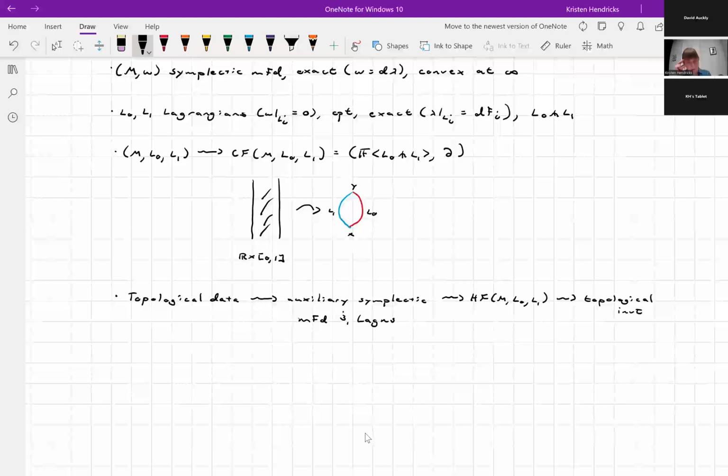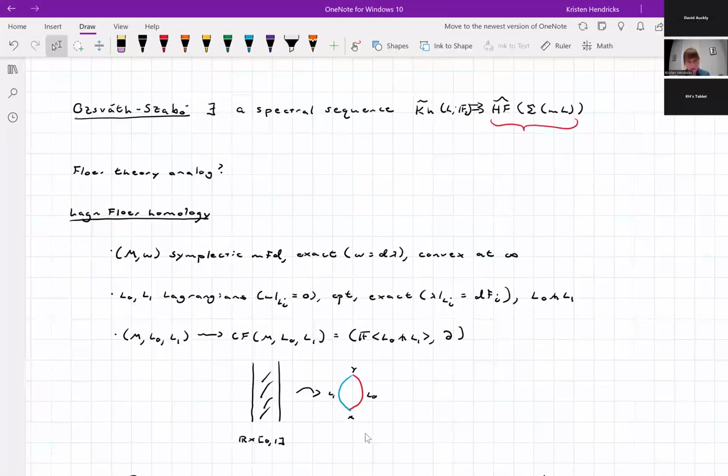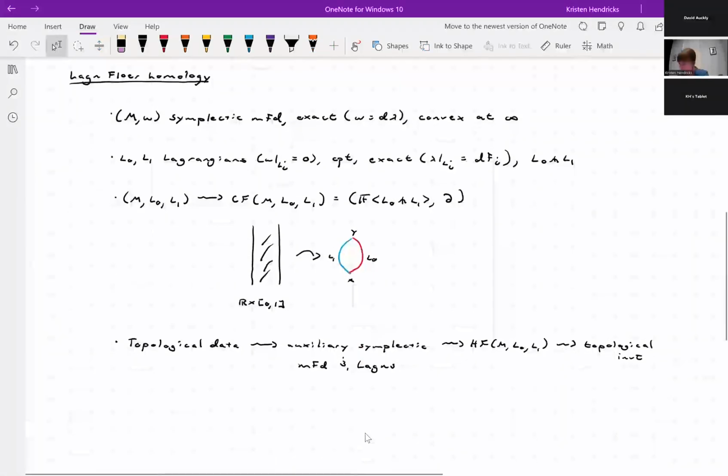Okay, and Heegaard Floer homology, as mentioned a moment ago, fits into this picture. I won't tell you the full construction, but it has those steps.